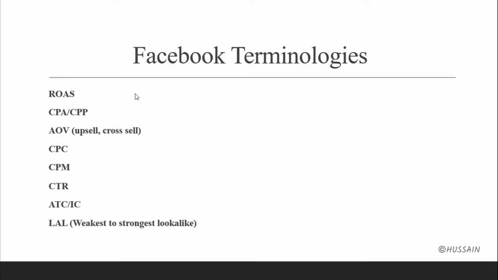So the ROAS in that will be 4 because you spent $10 and you got 2 purchases for $40. So you have to keep analyzing and scrutinizing the ROAS to move on with your ads. You can't just keep on running your ads without looking at the ROAS. You have to see whether it is profitable or even at least break even or not. This is the first term.